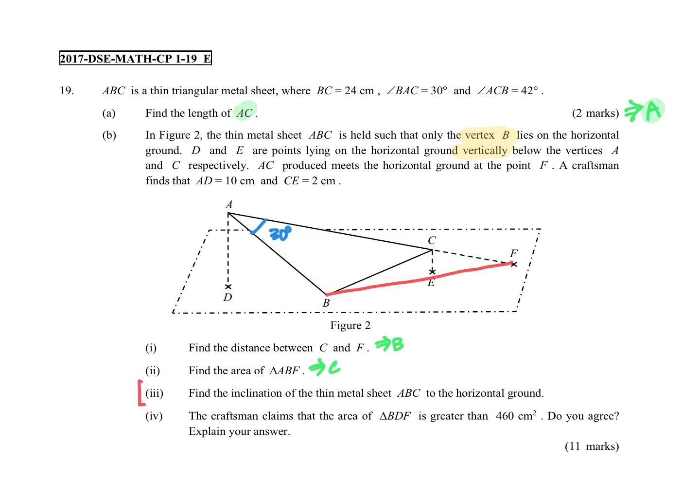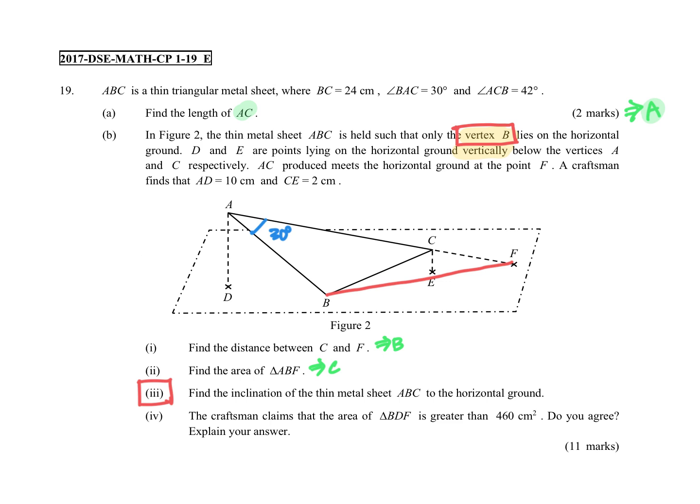Okay, so B3. Find the inclination of the thin metal sheet ABC to the horizontal ground. But note that the thin triangular metal sheet ABC, only the vertex B lies on the horizontal ground. So that's why it seems that there is no line of intersection.